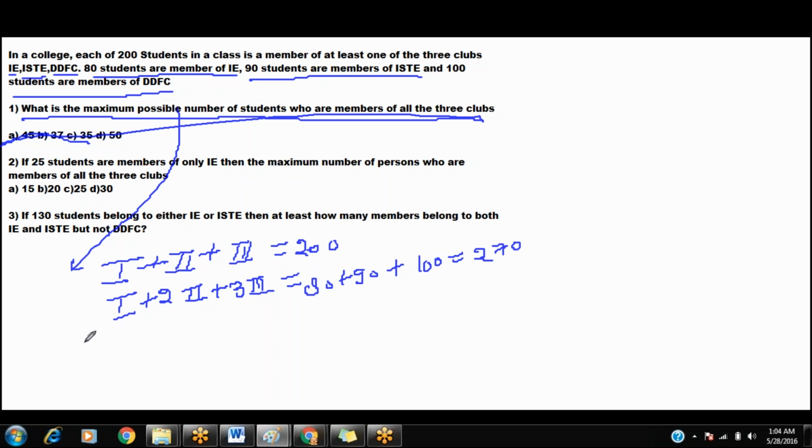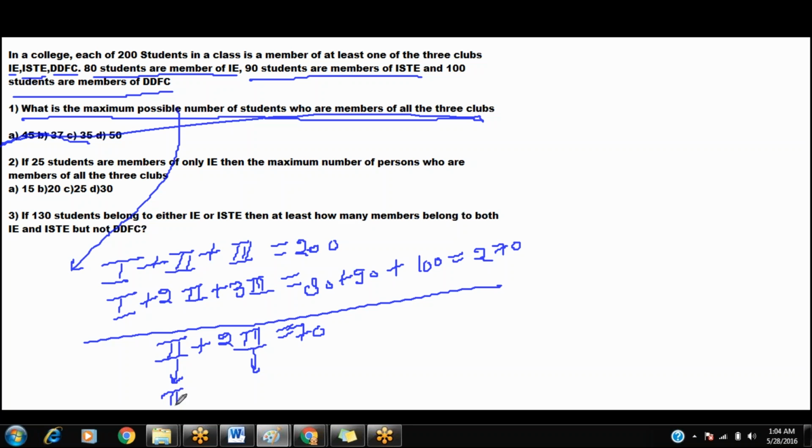So second equation minus first equation will give us n2 plus 2 times n3 is equal to 70. Now we want the maximum value of n3, so minimize n2, put n2 equal to 0. So 2 times n3 is equal to 70, so n3 is equal to 35. So the maximum value will be 35. This is one of the methods.